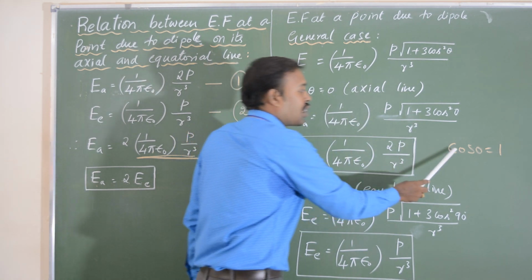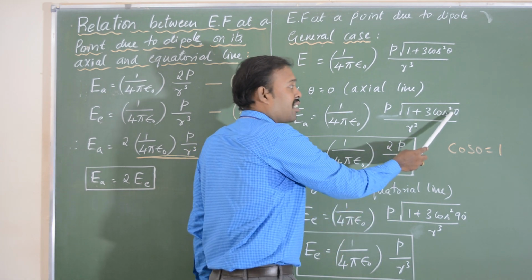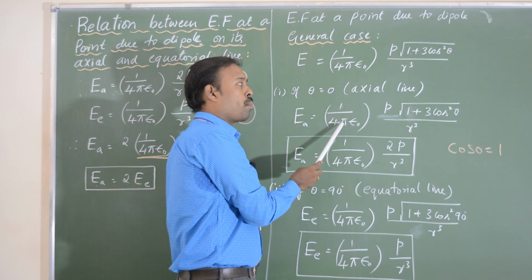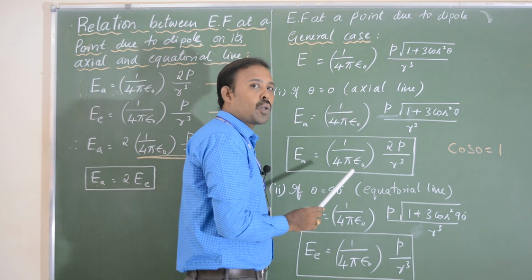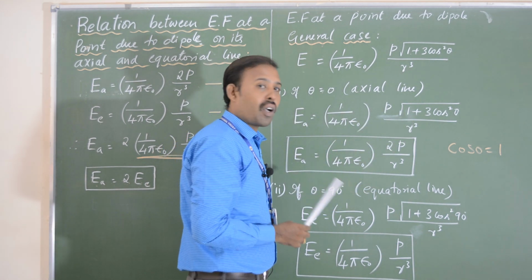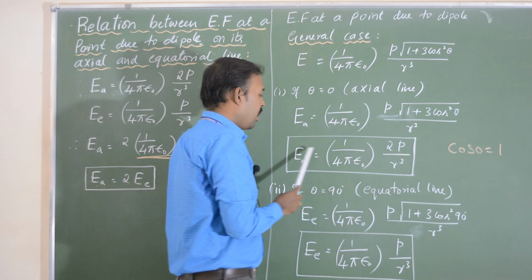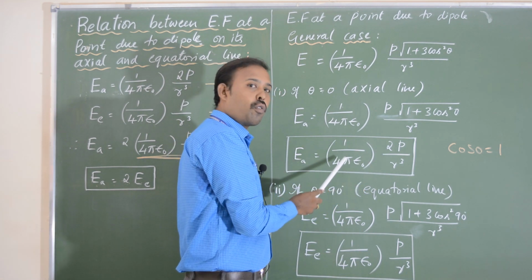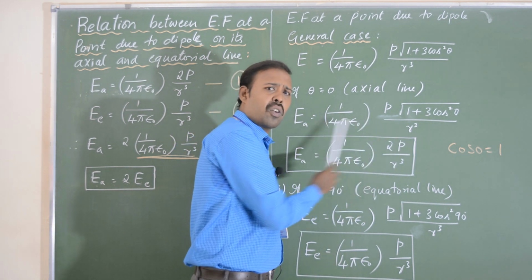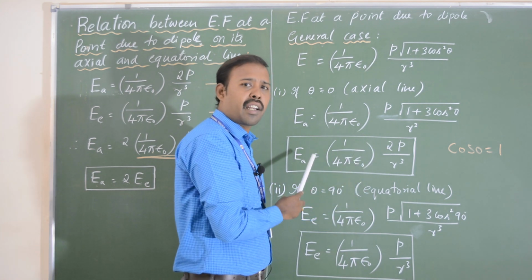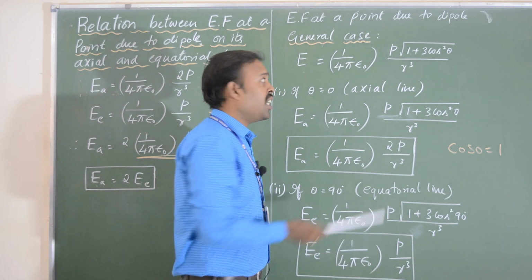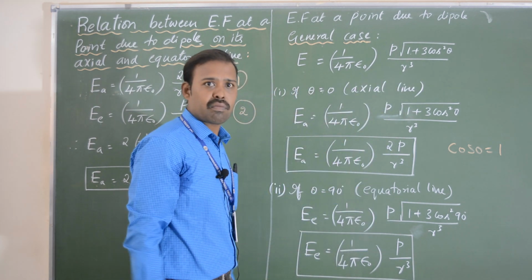We know that cos 0 is equal to 1, so cos square 0 is again 1. So this reduces to 1 by 4 pi epsilon naught p square root of 4 divided by r cube. Square root of 4 is 2. So E is equal to 1 by 4 pi epsilon naught 2p divided by r cube. This equation we already know. This is the equation for the electric field at a point due to a dipole on an axial line, and we have derived it using the general case.